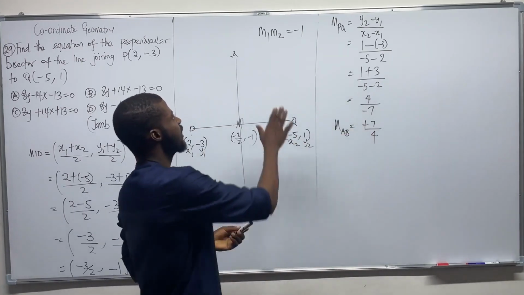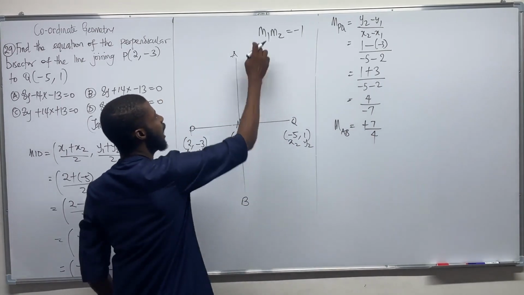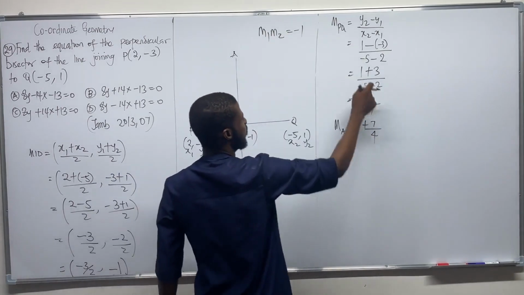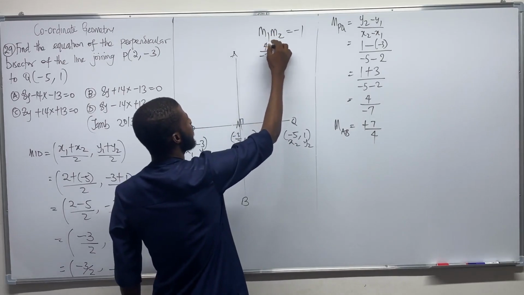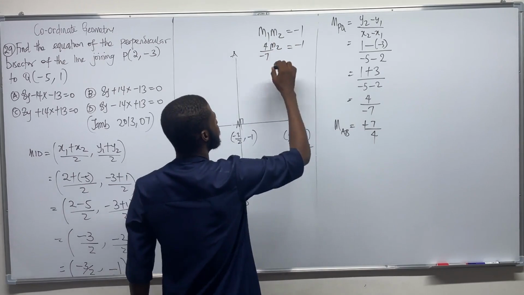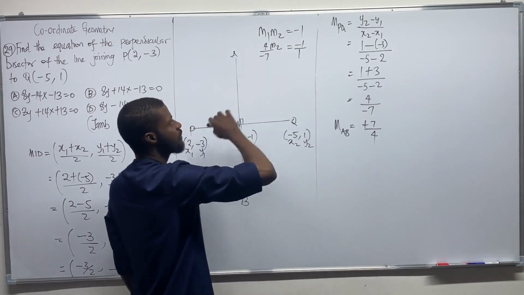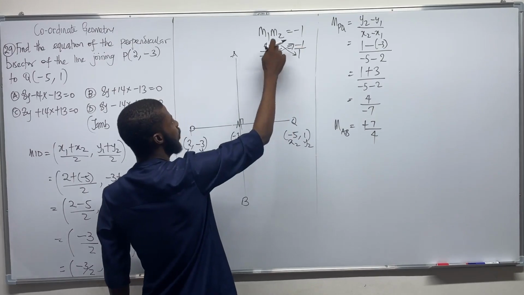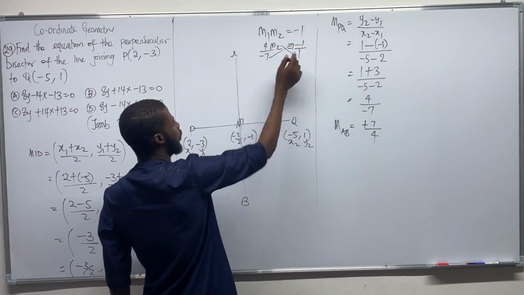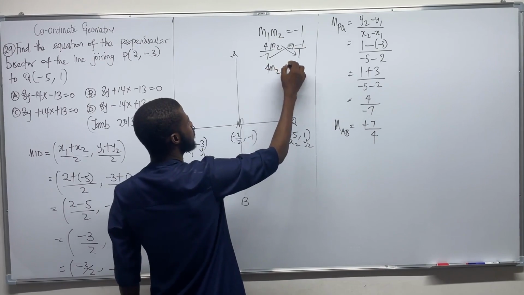Now, if you don't understand this, let me solve it here. M1, the first gradient that we solved, was 4 over minus 7. Then we have M2 equals minus 1. Now I can put over 1 here and cross multiply. So 4 M2 times 1 is 4 M2.